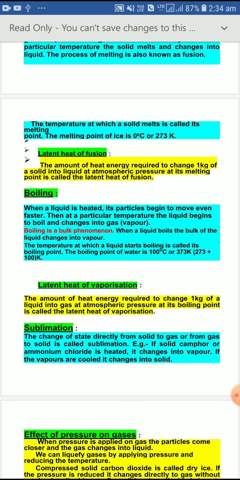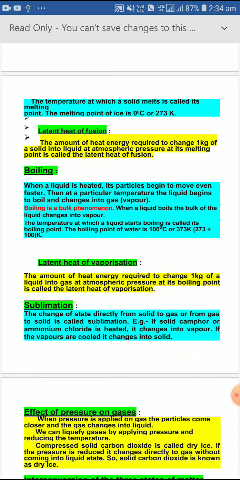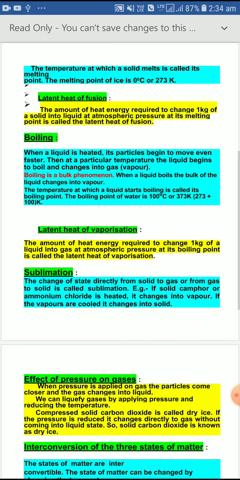For example, if camphor, naphthalene or ammonium chloride is heated, it changes into vapor. And if the vapor is cooled, it again changes into solid. Effect of pressure on gas: when pressure is applied on a gas, the particles come closer and the gas changes into liquid.